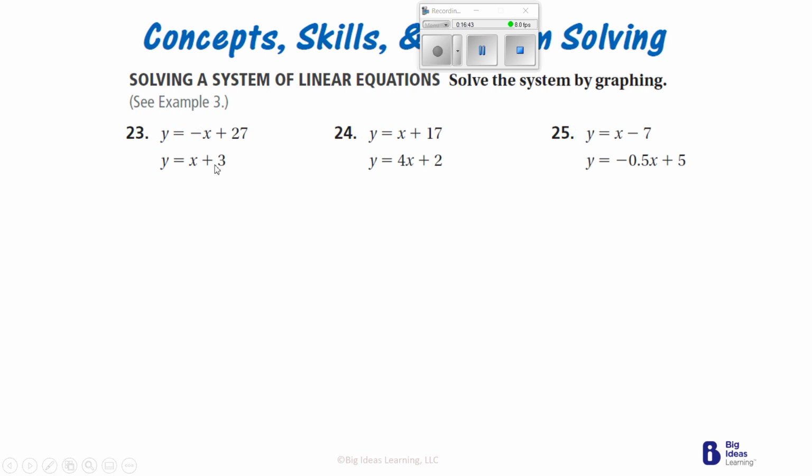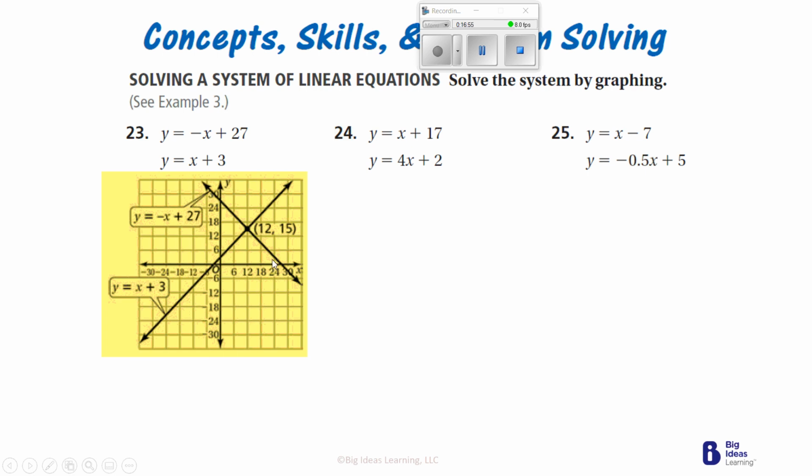All right, for number 23, when I graph these by solving it, I'm going to go through my y-axis at 27 and then be going down 1 and over 1. And then for this one, I'm going to be crossing 3 and going up 1 over 1. They're going to meet at 12 and 15 right here.